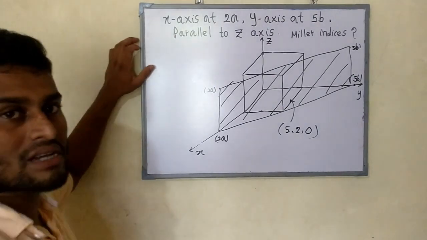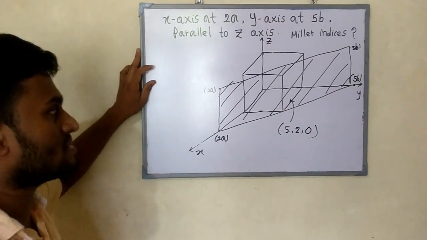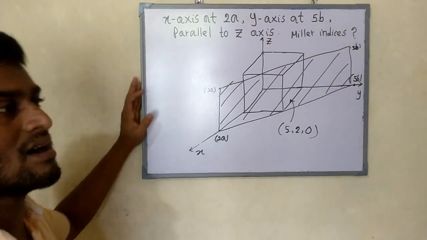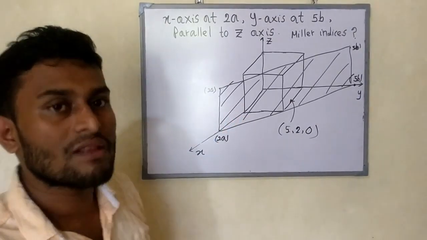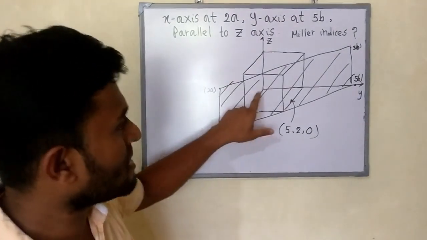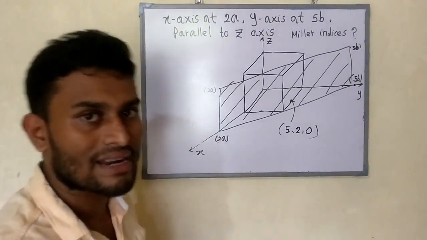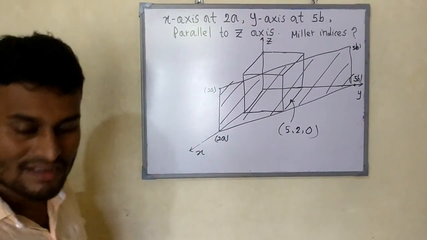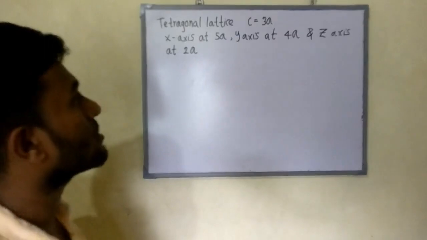So this is the cubic system. If we go for a tetragonal system, the only difference is the shape of the system will be different, because the cubic is made up of squares and the tetragonal system is made up of rectangles. That is the only difference. So let's see one example for a tetragonal lattice. Another question based on a tetragonal lattice.